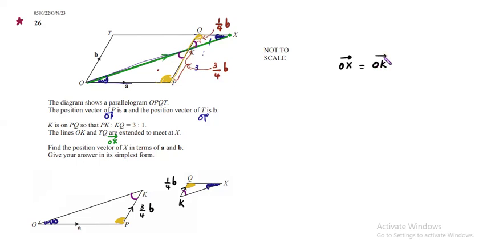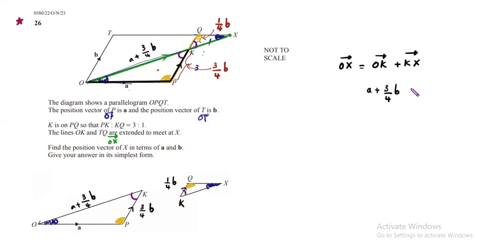I'm going to add OK and KX, and that will be equal to OX. OK is the same as A plus 3/4 B, because 3/4 B is from P to K. So I'll write it here. So I know that OK is A plus 3/4 B.